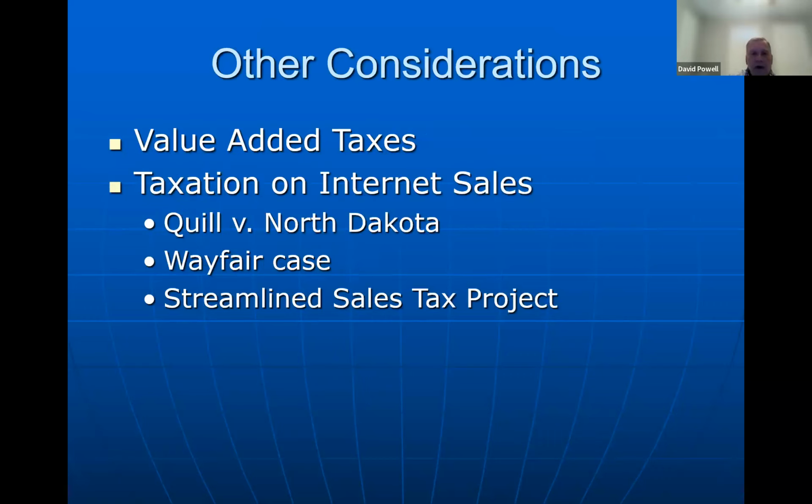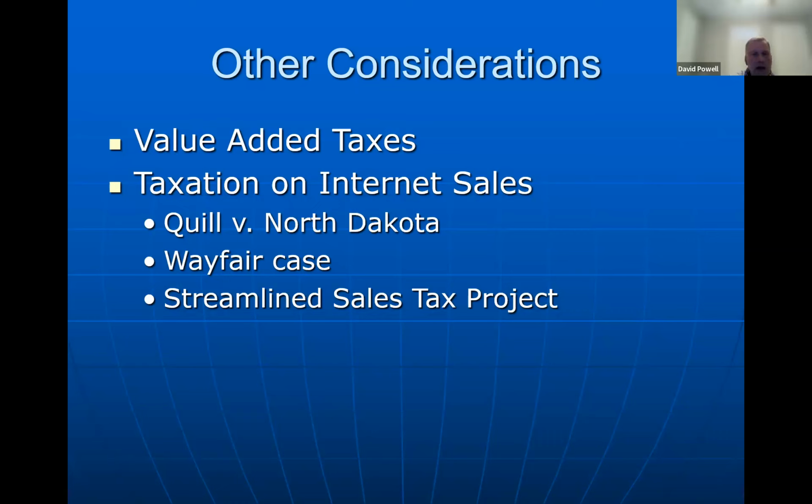Some other considerations that we talk about a lot in terms of consumption-based taxes like the sales tax is a variation on a consumption-based tax known as a value-added tax or a VAT. A VAT is a specific type of sales tax that applies at every single point in the production process where the value of a commodity increases.